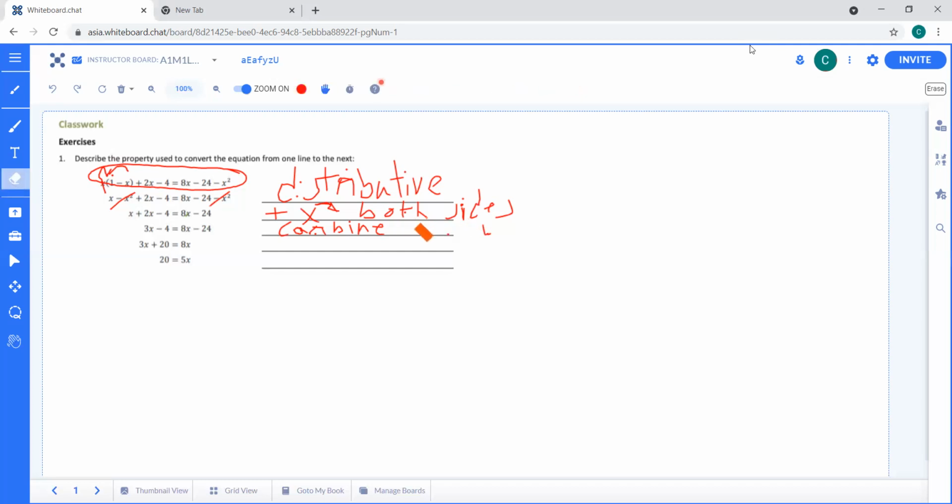This pen is not good. Let's just call it combined terms. See if that'll work. There we go. Now, what did we do? We added 24 to both sides.